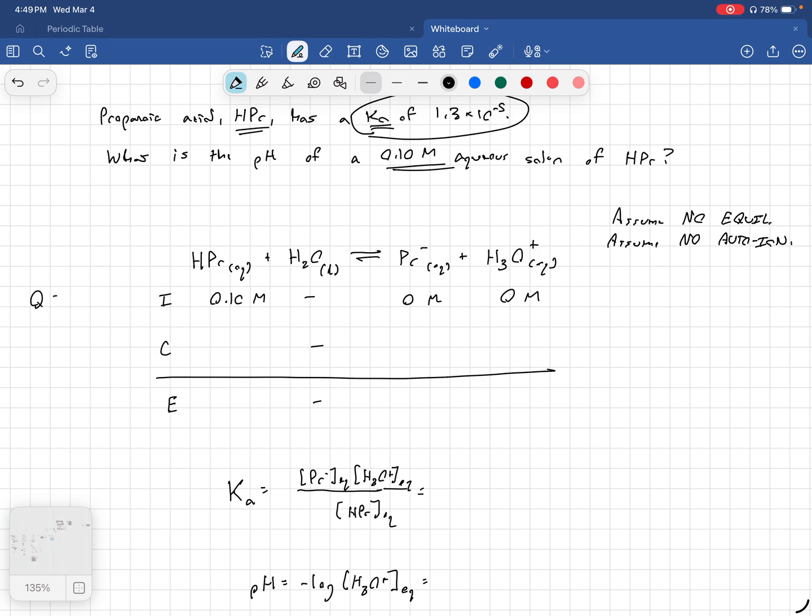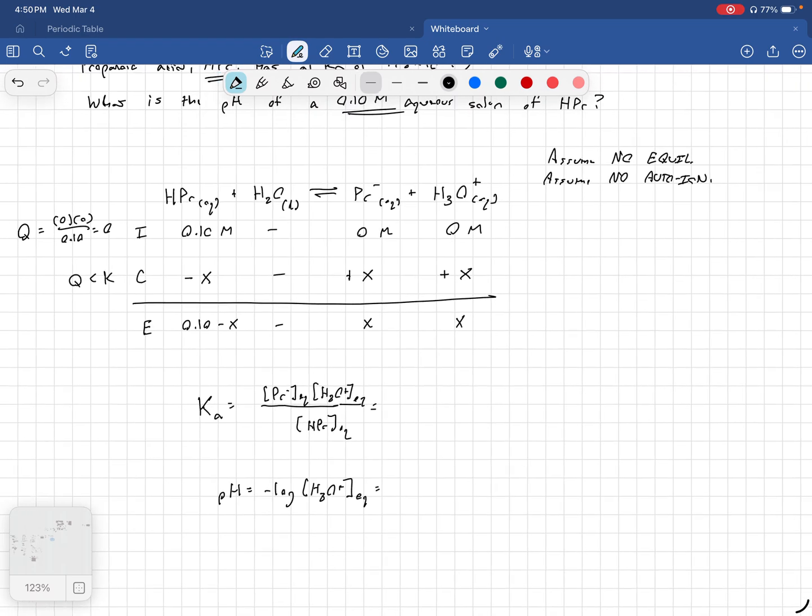it's not going to negatively affect anything to make that assumption. So if we calculate Q in this case, we get 0 times 0 divided by a non-zero value, which is just 0. And so Q is 0, which is less than K, 1.3 times 10 to the negative fifth. So that means our reactants are minus coefficient X, and our coefficients are all 1, and our products are positive or plus coefficient X. So our equilibrium concentration of HPr is 0.10 minus X, our equilibrium concentration of Pr minus is X, and our equilibrium concentration of H3O plus is X. Okay?